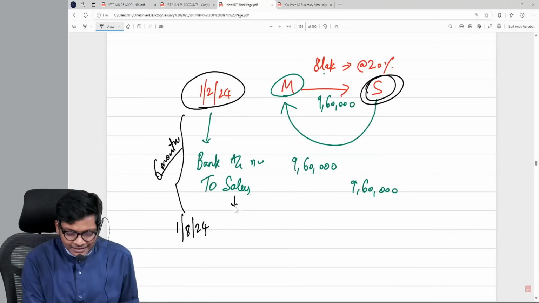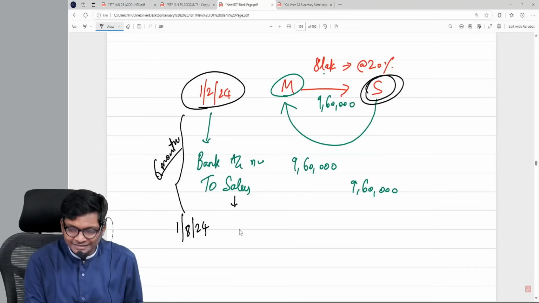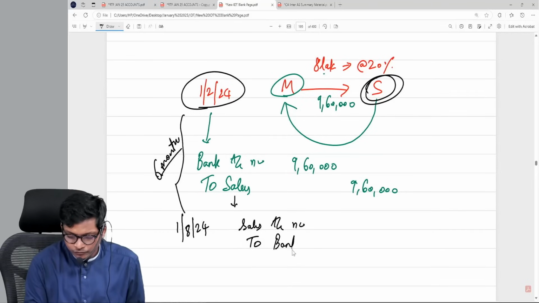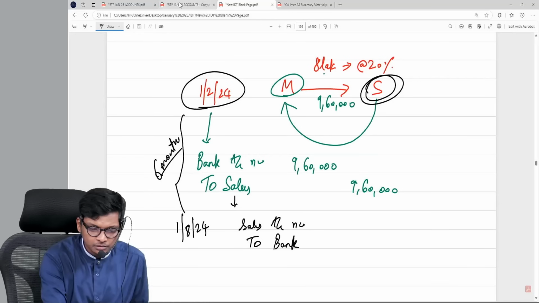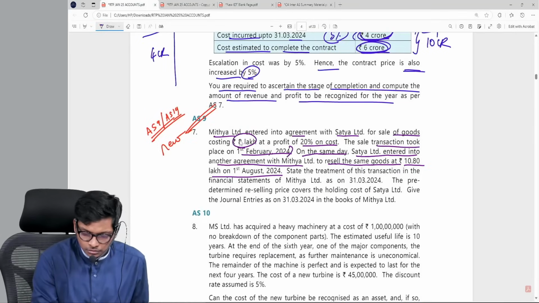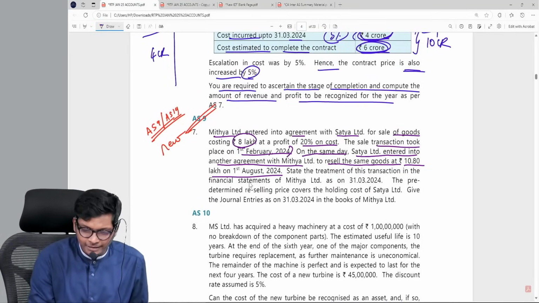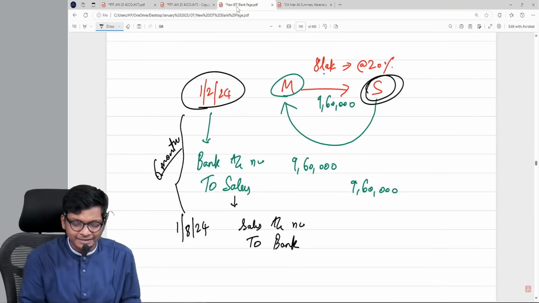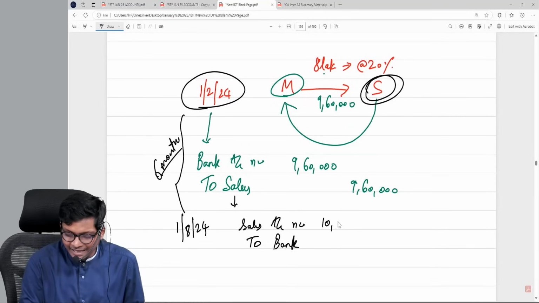So this entry will basically reverse. It is like a sales return. He will buy it back, correct? To resell the same goods, now I have to buy it again, guys. Purchase of asset to bank for 10 lakh 80,000.